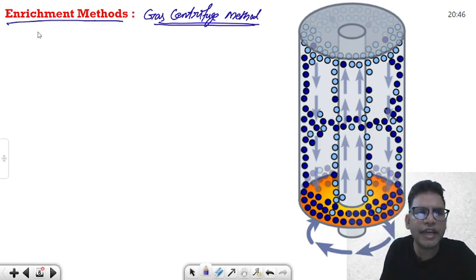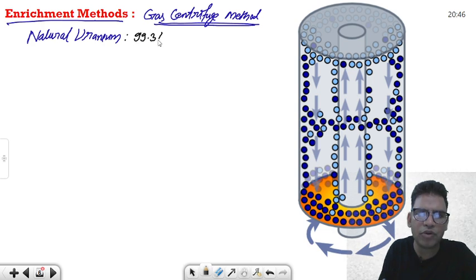Natural uranium, and you must remember now, this natural uranium has approximately 99.3% uranium 238, and 0.7% uranium 235.